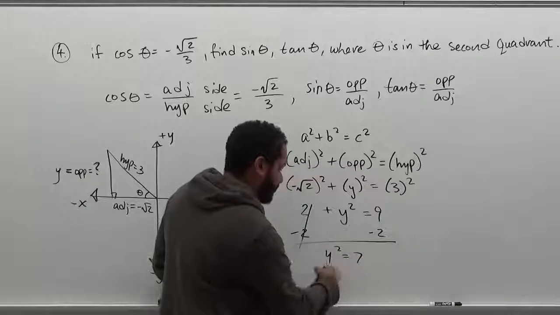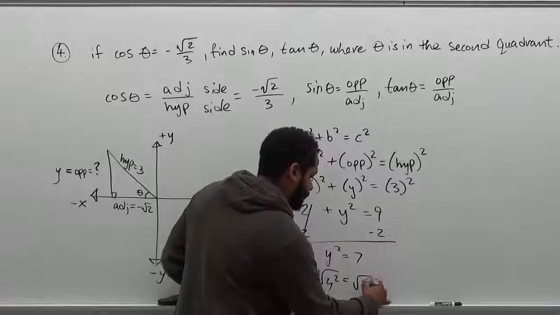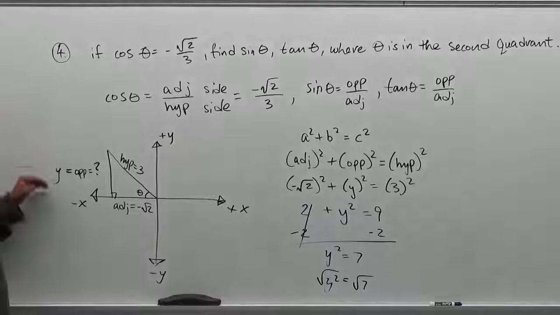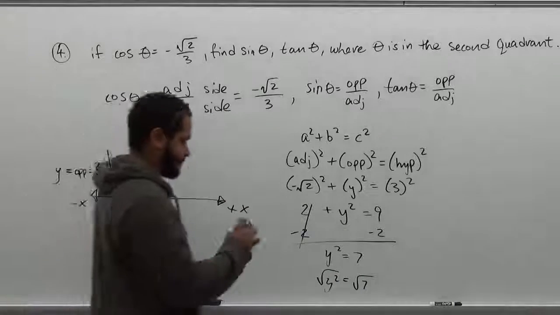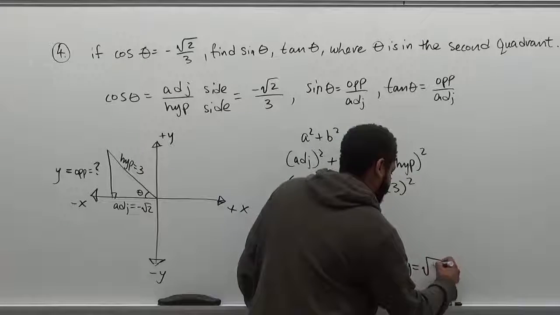When we take the square root of both sides, this could be plus or minus, but because the y is on the positive side, we know this is a positive solution. So y is equivalent to the square root of 7.